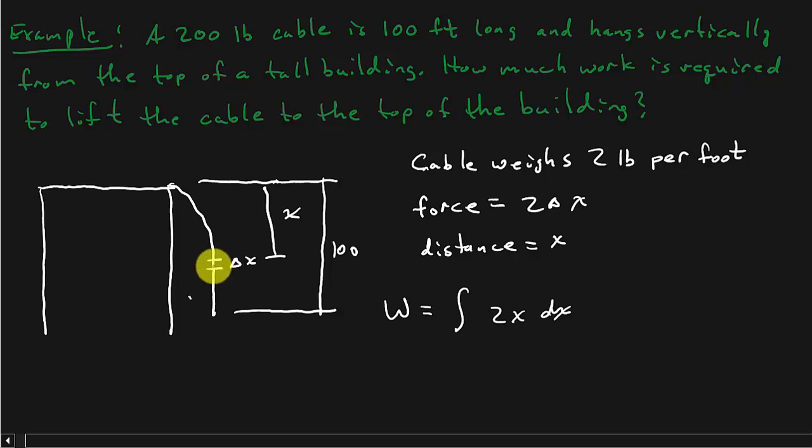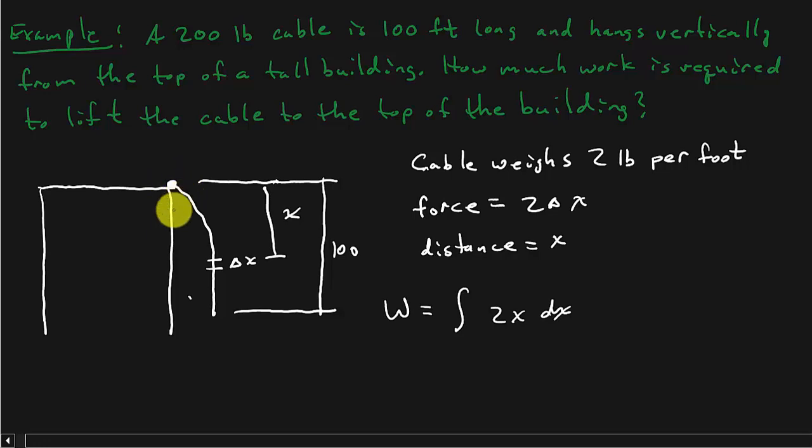All right. This little piece of cable here, I've got an infinite number of those pieces. Okay. So what I'm going to do is sum up the force of each of those pieces. So I need to go from the piece that's right here at the top.